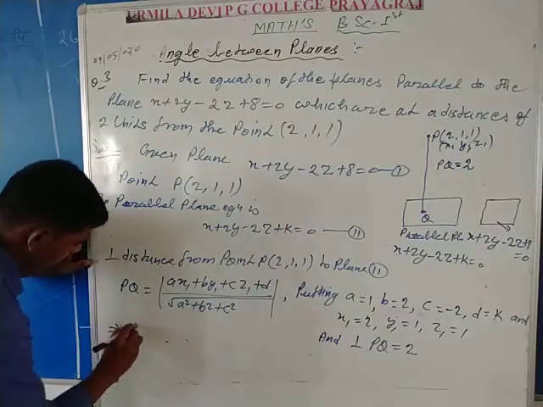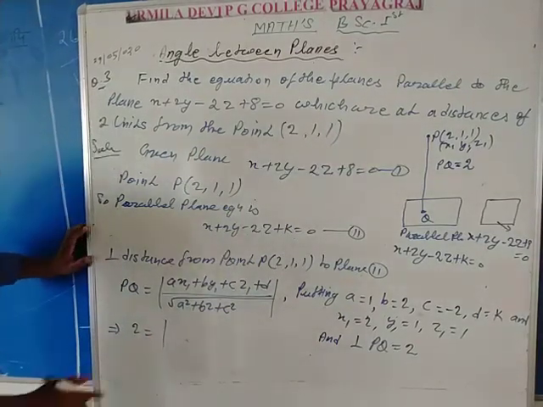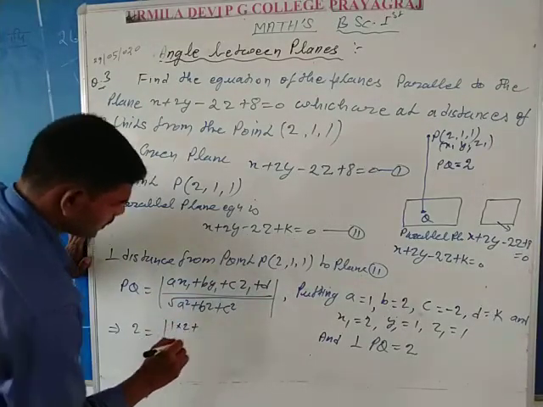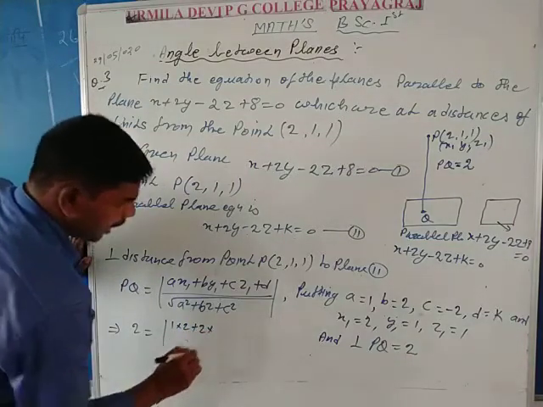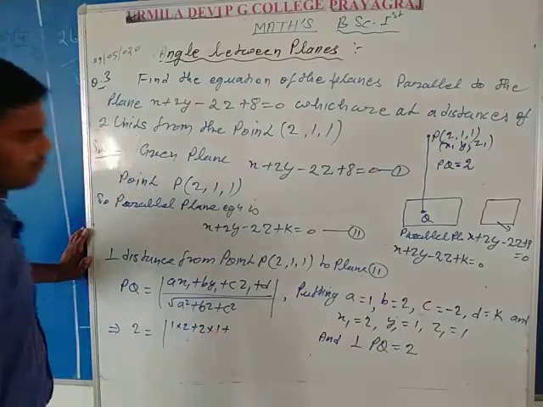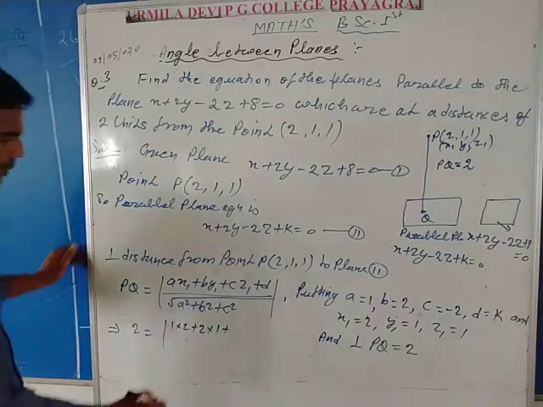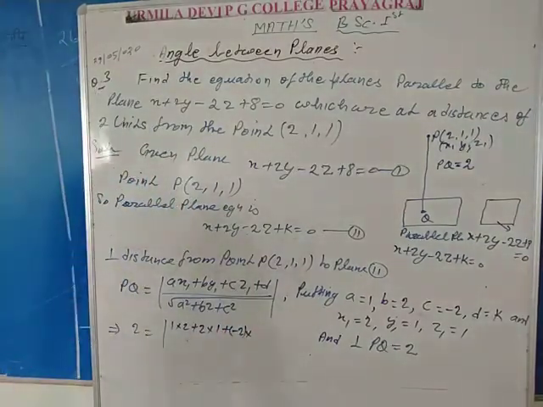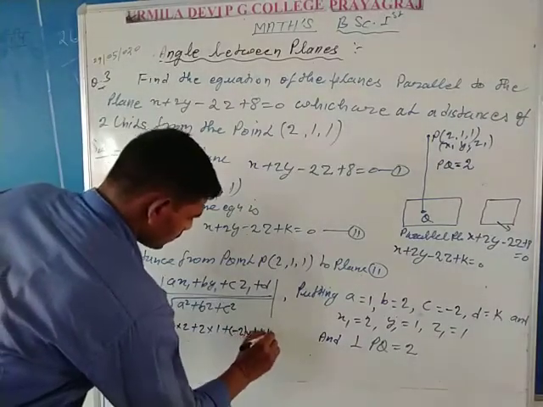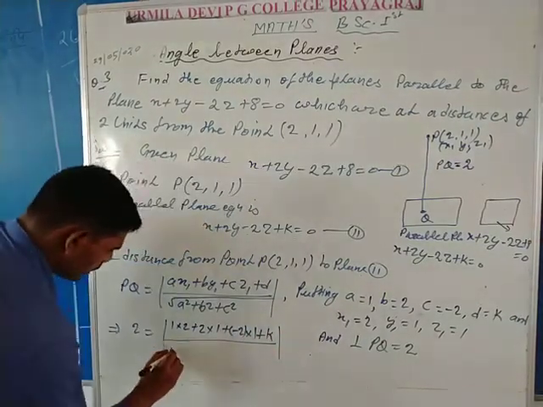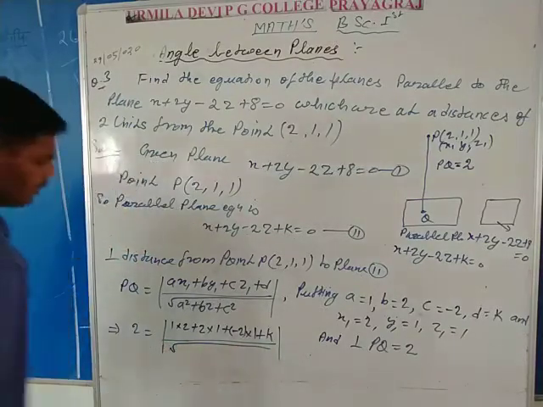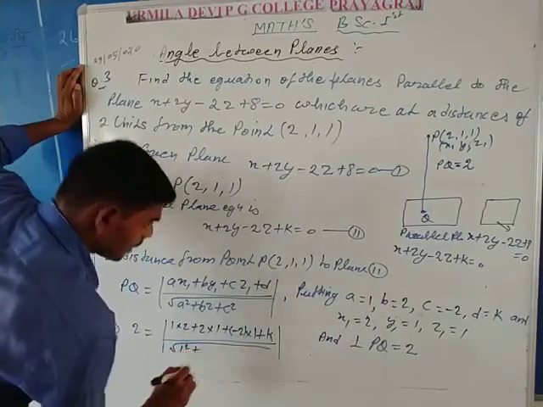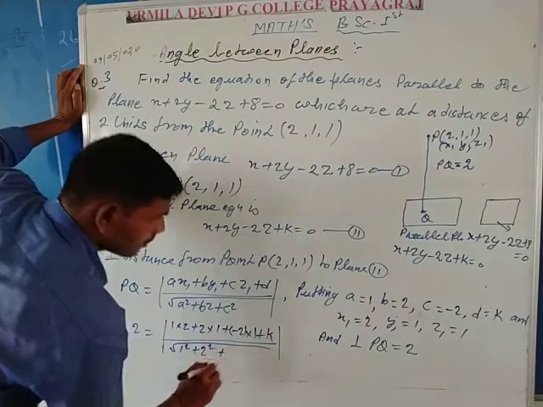So 2 is equal to the modulus of 1 into x1 which is 2, plus 2 into y1 which is 1, plus minus 2 into z1 which is 1, plus D which is k, divided by the square root of 1 square plus 2 square plus minus 2 square.